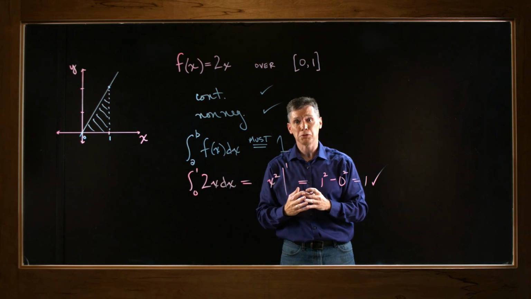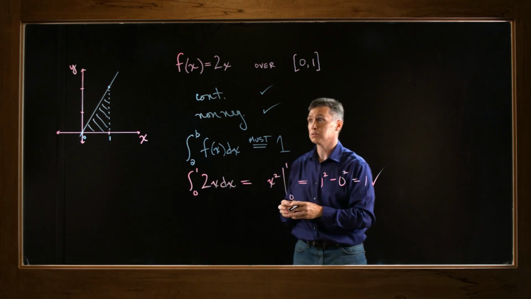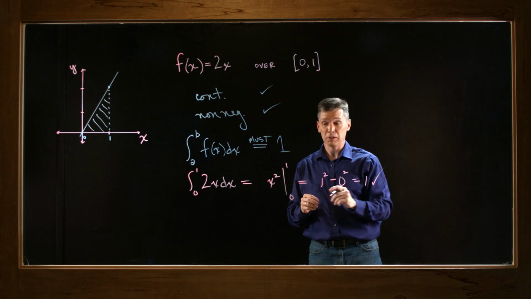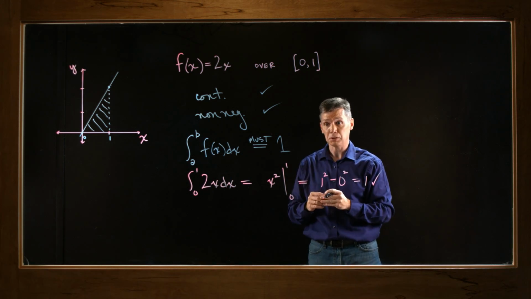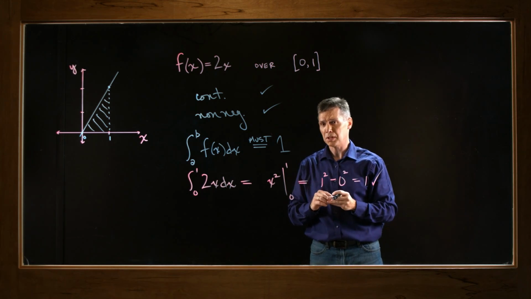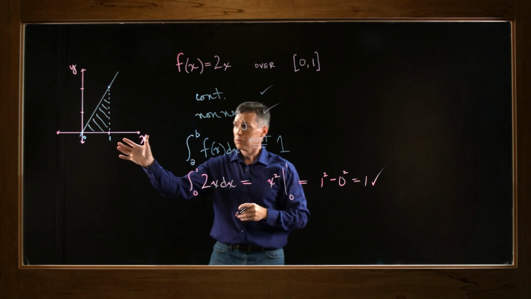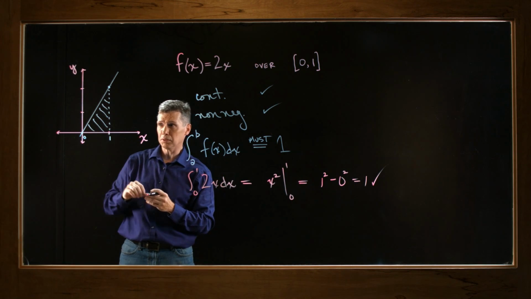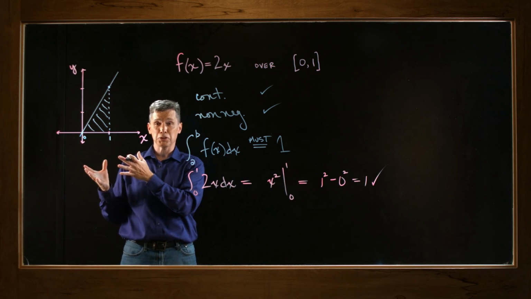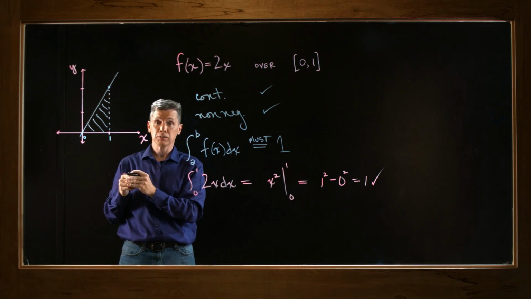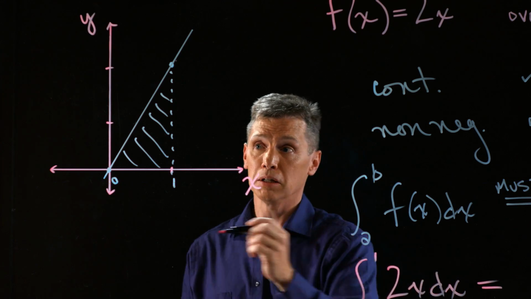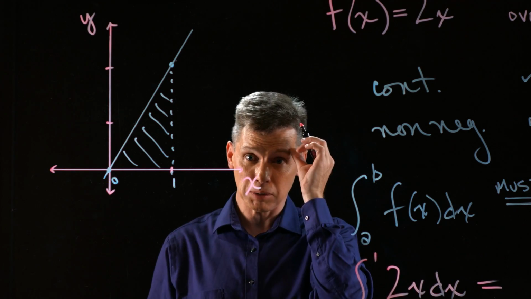So is this a probability density function? Yes, actually the directions were to show that it was. We checked that it's continuous, it's not negative, and we confirmed that the integral equals 1. I just mentioned area. That's another thing you can check with the drawing, since it's a recognizable geometric shape. It's exactly the work that you do with the integral, but the area of a triangle is 1/2 base times height.